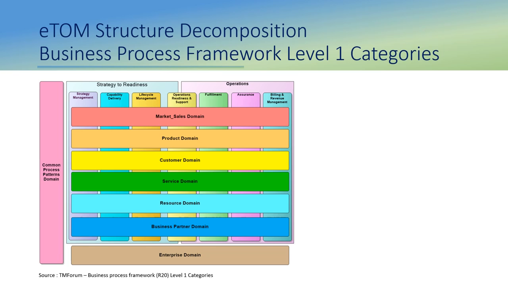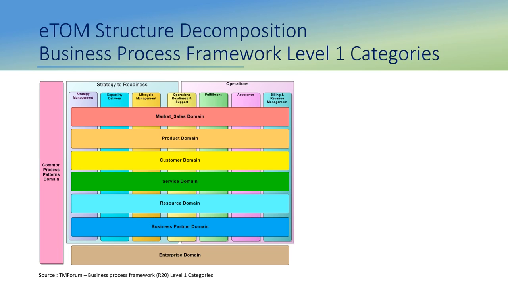And they are vertically grouped into strategy management, capability management, life cycle management, operation readiness and support, fulfillment, assurance, and billing revenue management processes.